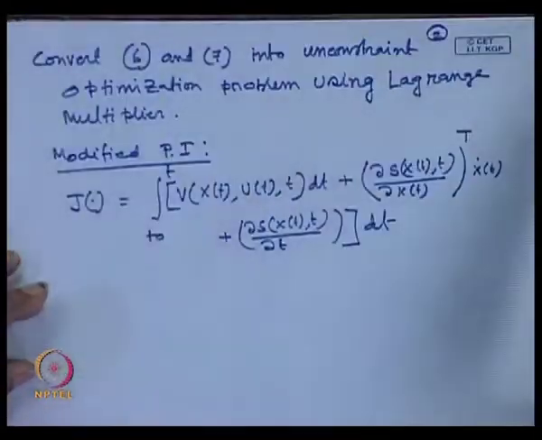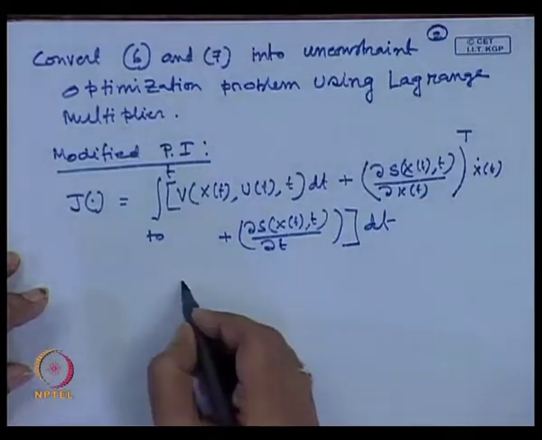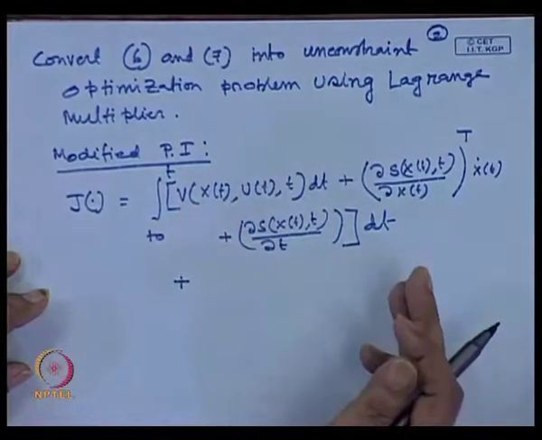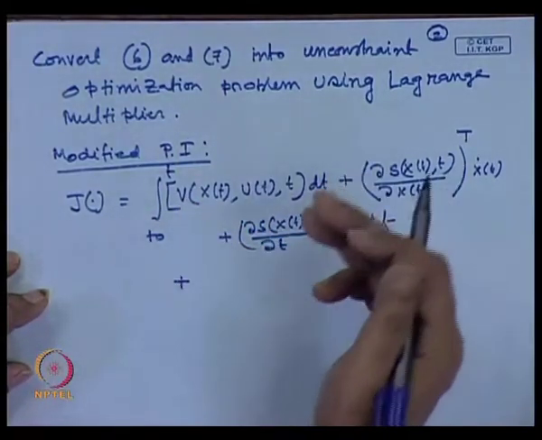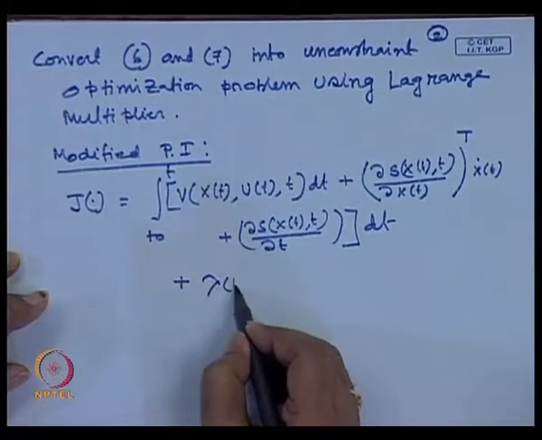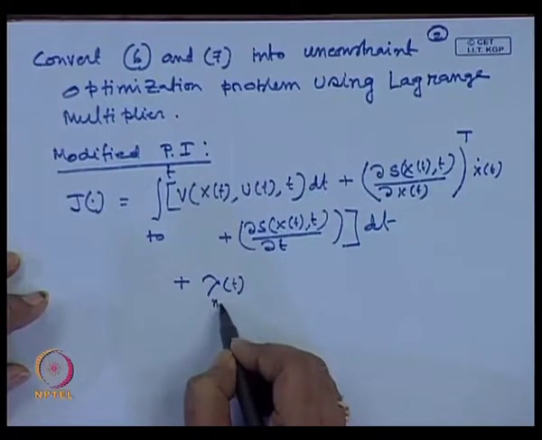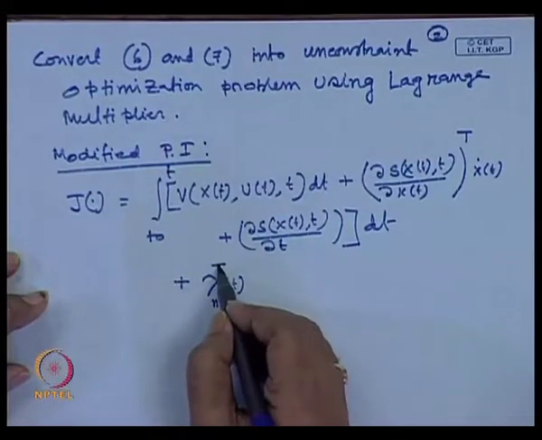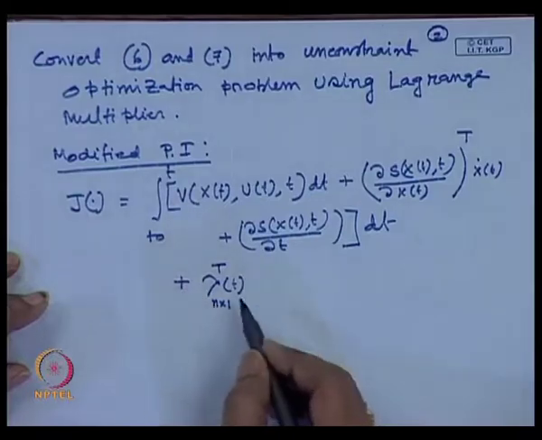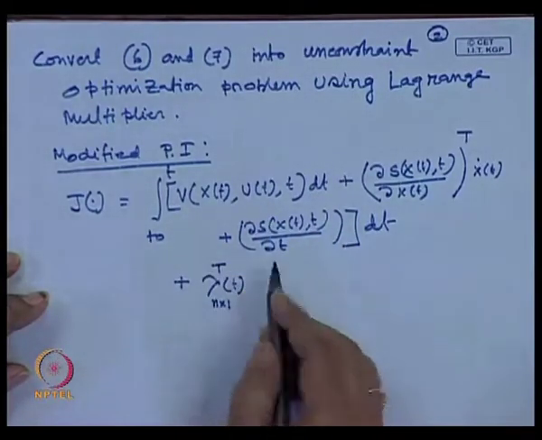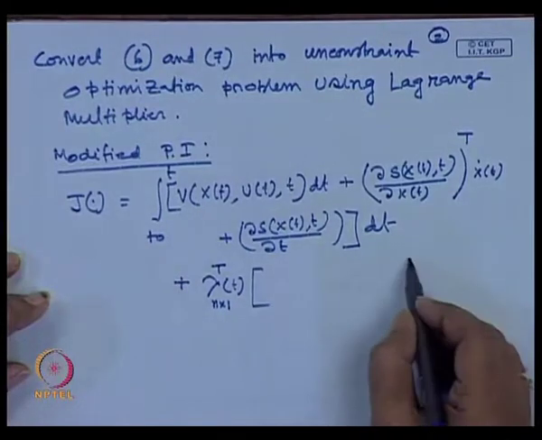Because it is a constrained optimization problem, now I have converted it into an unconstrained optimization problem. Agree? So, a Lagrange multiplier is used, and if the dimension of x is n cross 1, that dimension will be n cross 1, and that must be a row vector, because the product of this must be a scalar one.